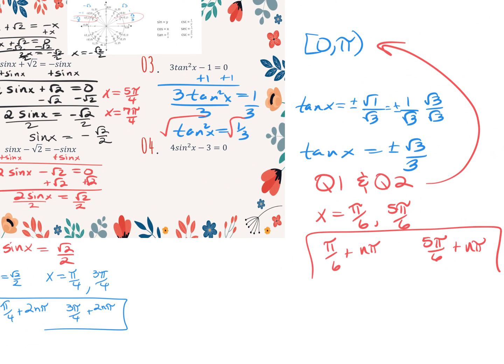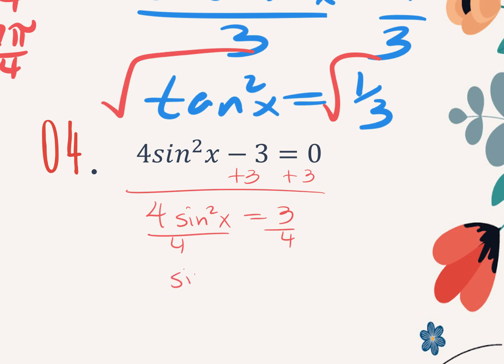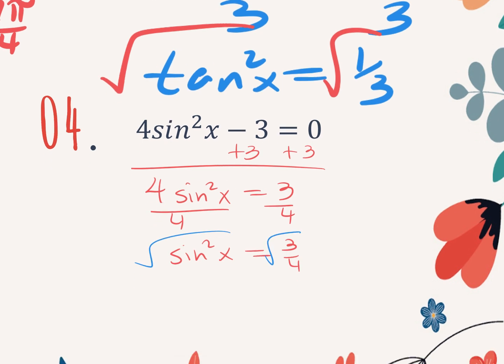Again, let's isolate the trig function. Going to add 3 to both sides. So 4 sine squared x equals 3. Divide by 4. Sine squared x equals 3/4. I don't want sine squared, so I've got to square root it.